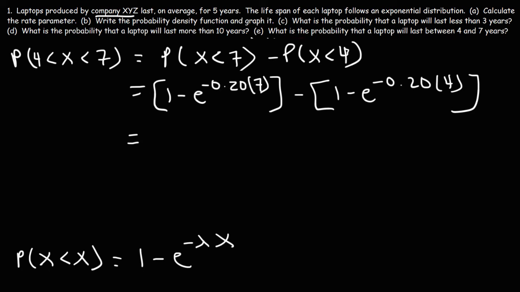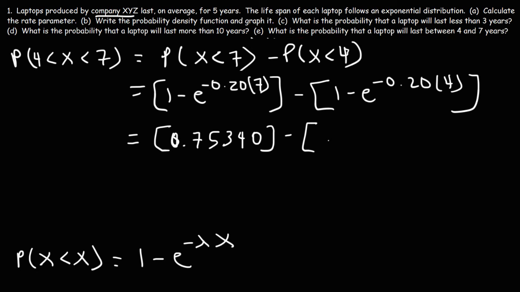So the first one is 1 minus e to the negative 1.4, since 0.2 times 7 is 1.4. So the first part is 0.75340.